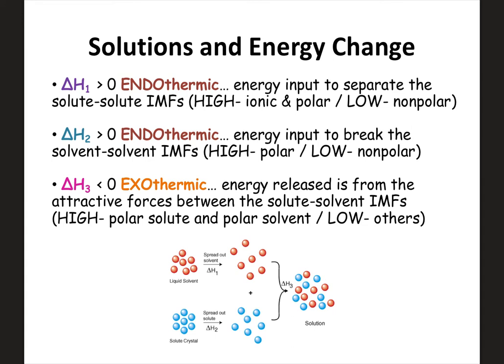It's just how much is released. All right. Polar solute and polar solvent is going to release a lot of energy. Other combinations, like a non-polar with a polar, are not going to release as much energy. And that's how you get this difference in the energy changes.